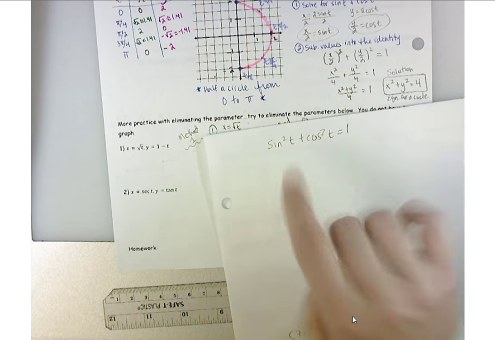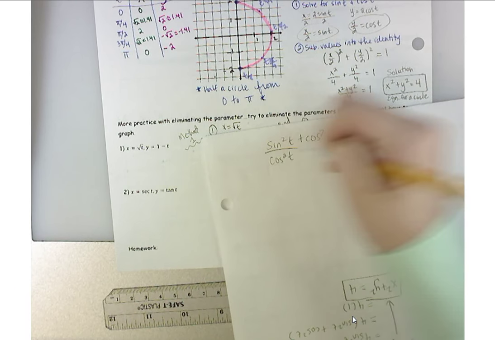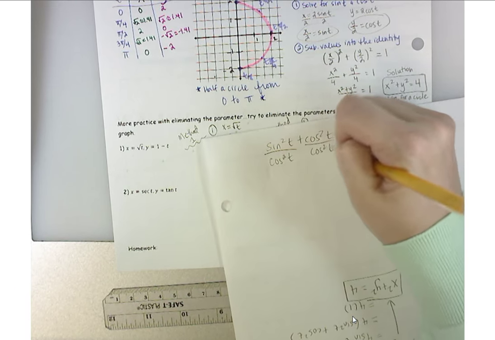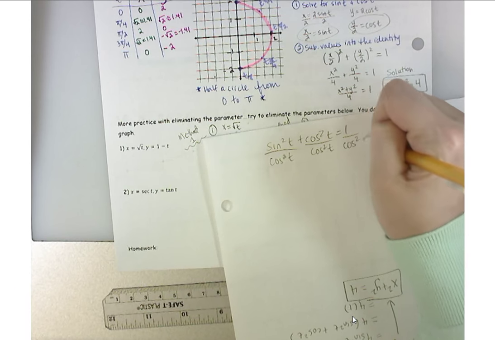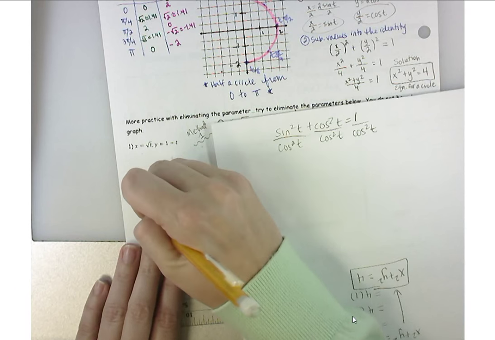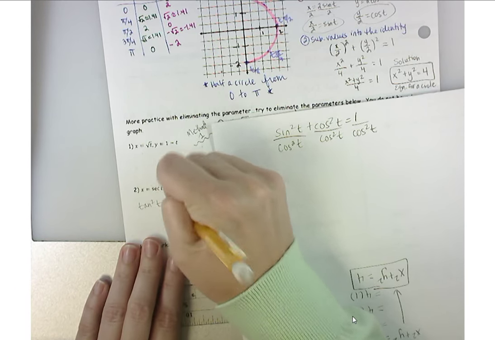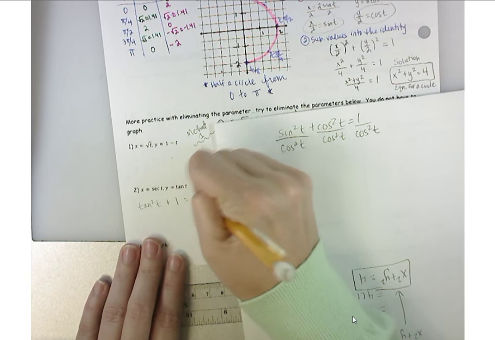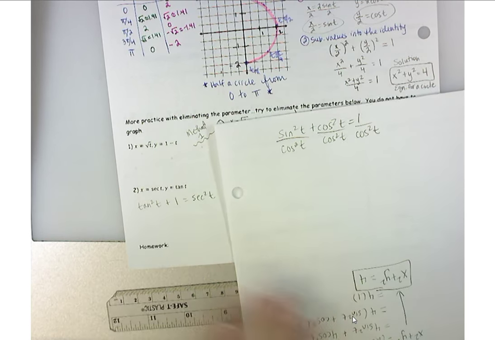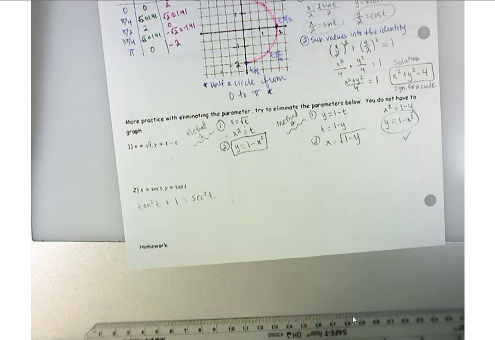You can divide them all by cosine. So if you divide by cosine, sine over cosine is going to be tangent squared, and then plus 1 equals the secant squared. Okay, so you have to use your identity.